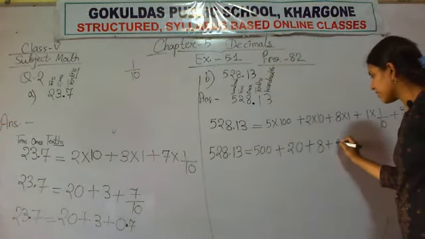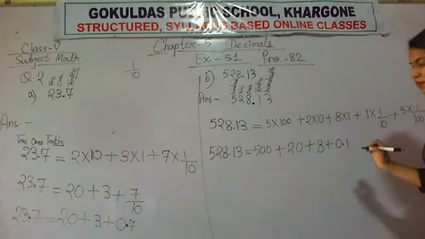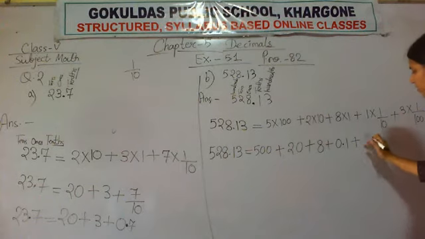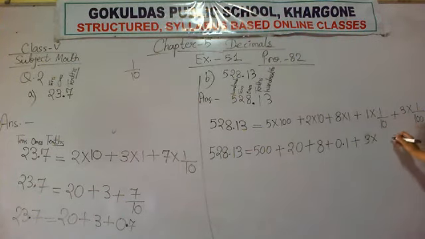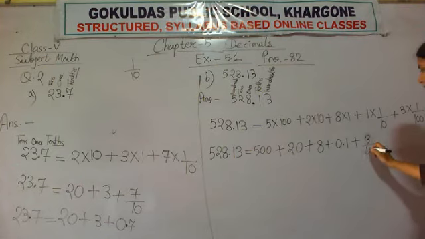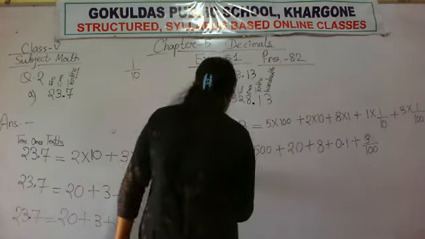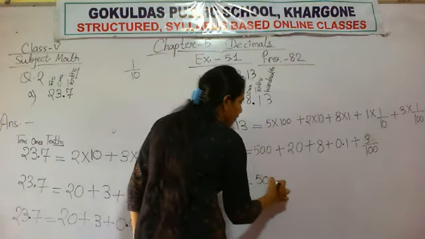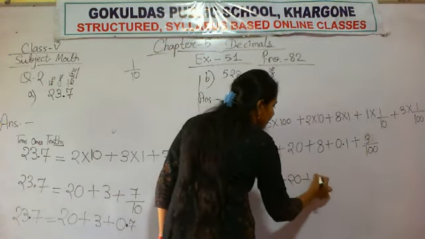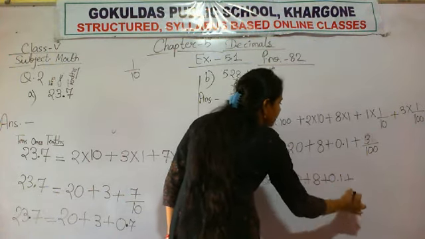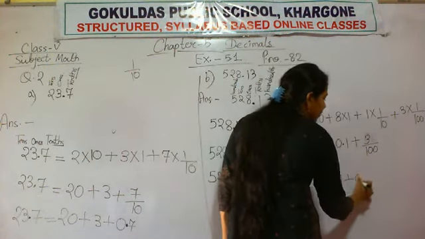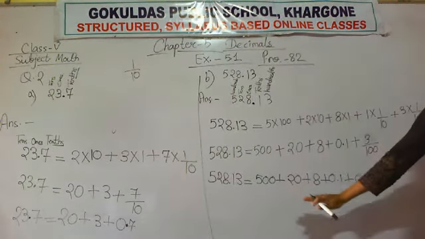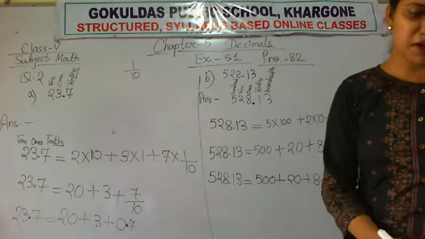We can write it as 0.1, plus 3 into 1 is 3 upon 100. So 500 plus 20 plus 8 plus 0.1 plus 3 upon 100, which means 0.03. So this is the expanded form of the given number.